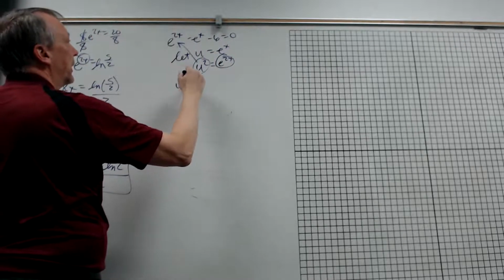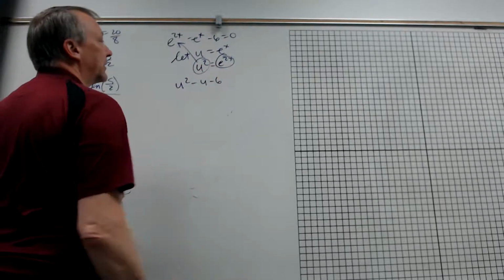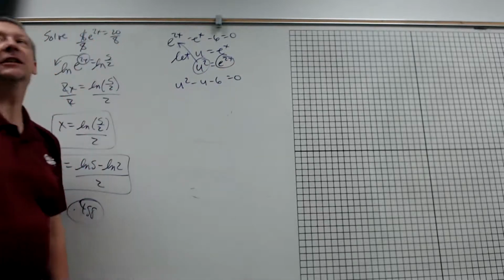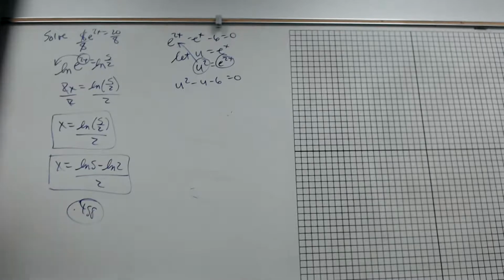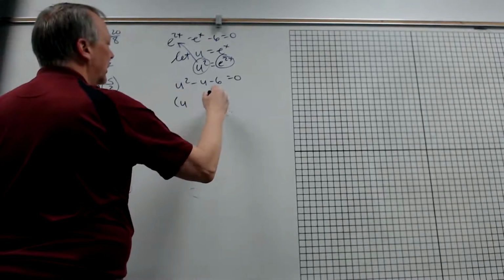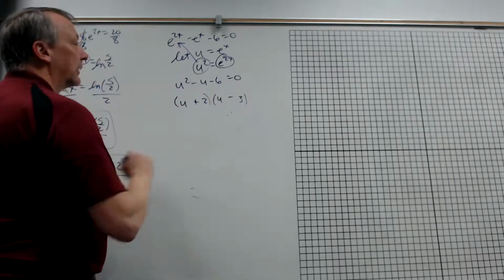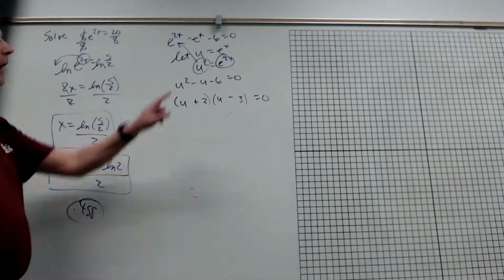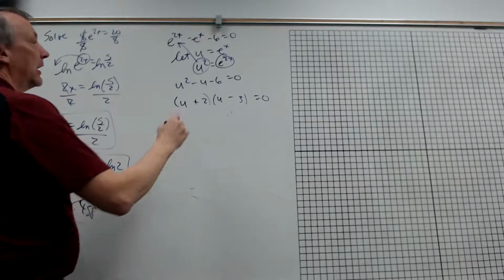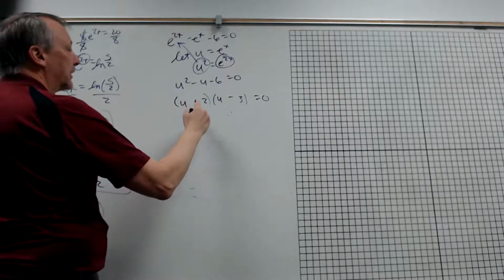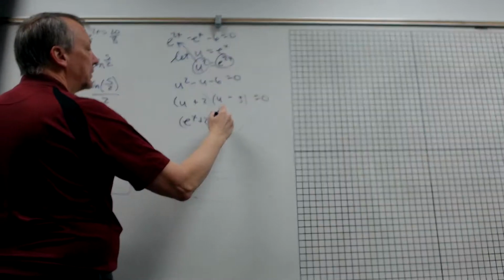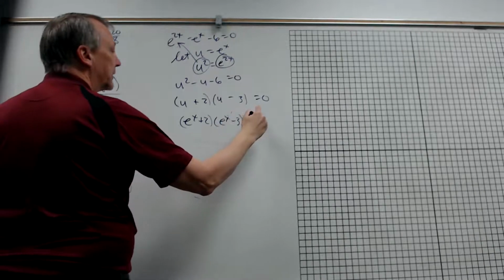So this becomes u squared minus u minus 6 equals 0, which is easily factorable, right? Factors into u minus 3 times u plus 2 equals 0. Now I'm going to substitute back, and this becomes e to the x plus 2 times e to the x minus 3 equals 0.